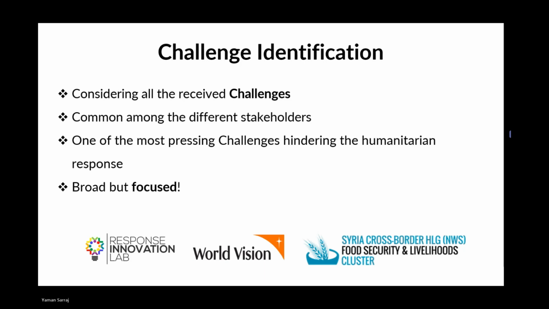Also, rising temperatures have added another layer of complexity to the agriculture challenge inside Syria, as higher temperatures accelerate the evaporation of water from the soil, further depleting already scarce groundwater resources.